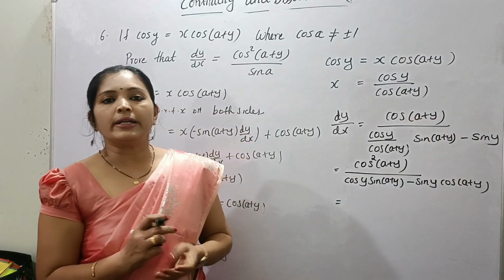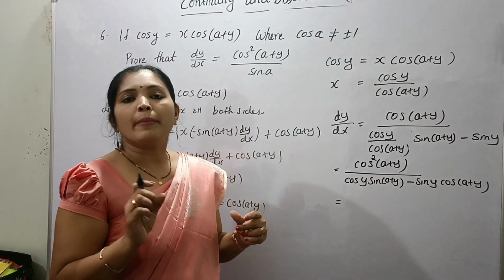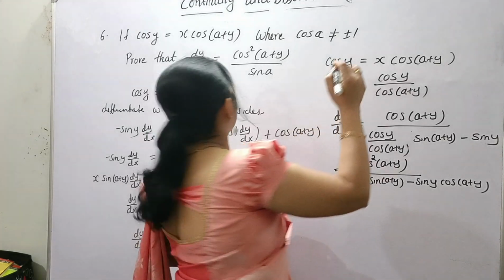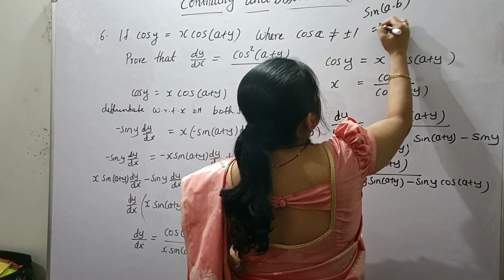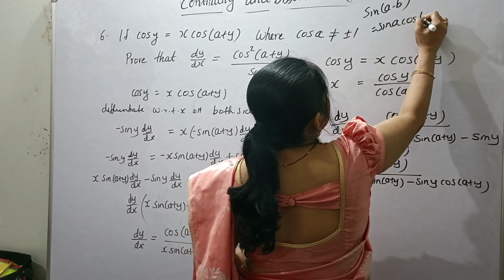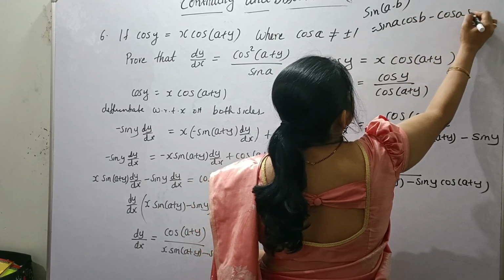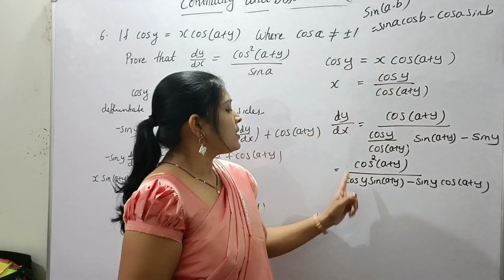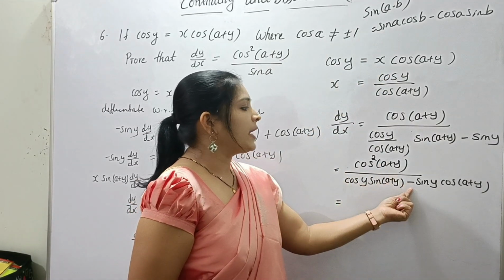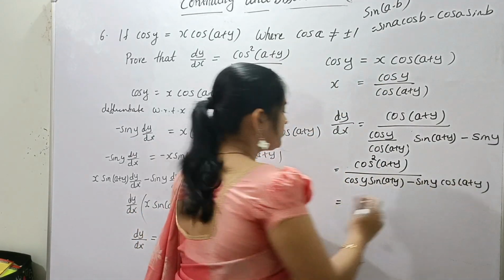We have an identity: sin of a minus b is equal to sin a cos b minus cos a sin b. See, it is the form of sin a cos b minus cos a sin b.